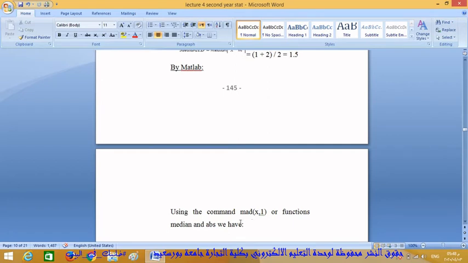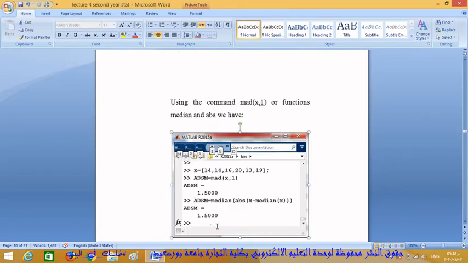Or you can use the functions median and abs like this. These are the measurements, the data set denoted by X, and ADSM, the absolute deviation for the sample median, equals MAD(X,1). So when putting 1, we mean median absolute deviation, not mean absolute deviation.